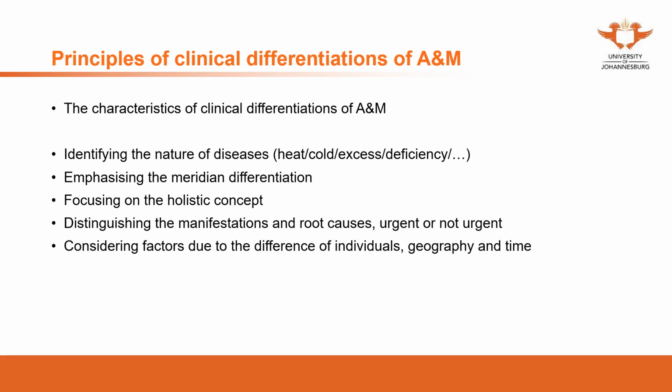In acupuncture treatments, we emphasize the meridian differentiation. When we studied the differentiation methods, we didn't go through the meridian differentiation, because it is more related to the Zangfu organs as well as the distribution of these meridians. For example, the lung meridian travels from the middle jiao, goes down to the lower jiao, then back up to the upper jiao.